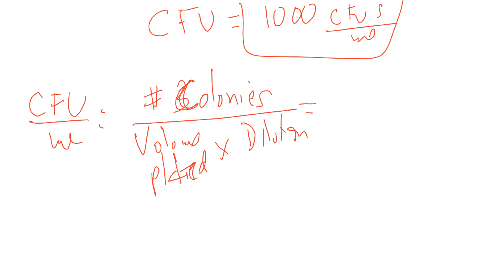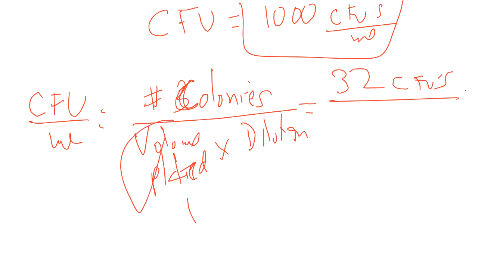Okay, so in this case, the sample has 32 colonies, and you can substitute colonies for CFUs of a single organism on a plate that received 1 mil. Okay, volume plated is 1 mil. And the dilution factor is 1 to 100. Just do the math.